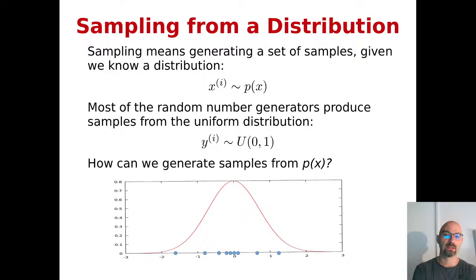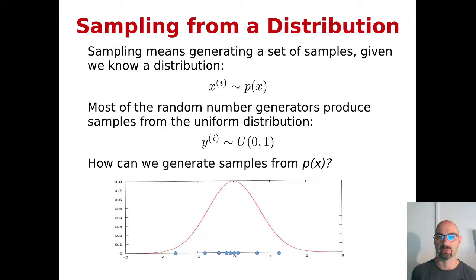Now, it turns out that the basic random number generators are pseudo-random machines that generate sequences of numbers that obey a uniform distribution. So the rand function that you often have implemented in many programming languages implements a drawing mechanism of pseudo-random numbers that obey a uniform distribution, which is a distribution that is constant between 0 and 1.